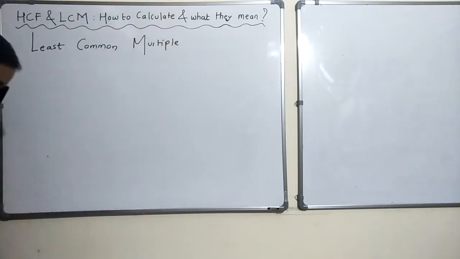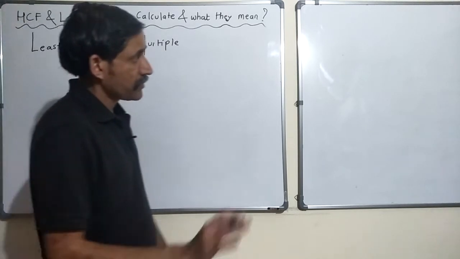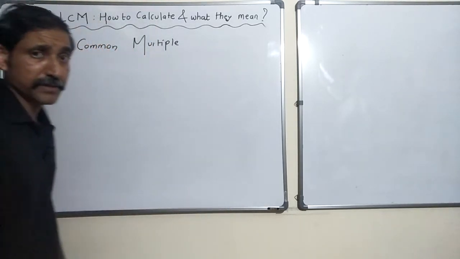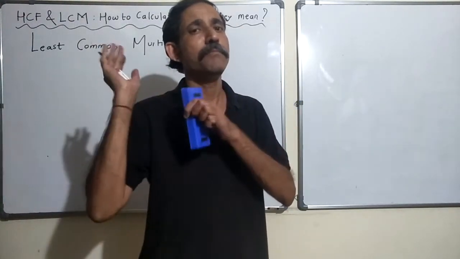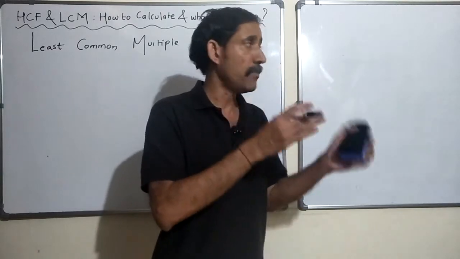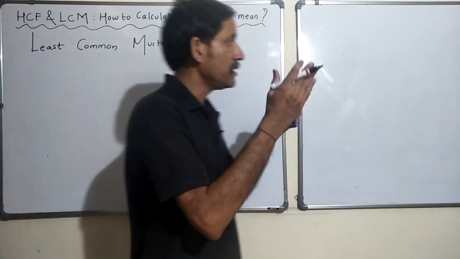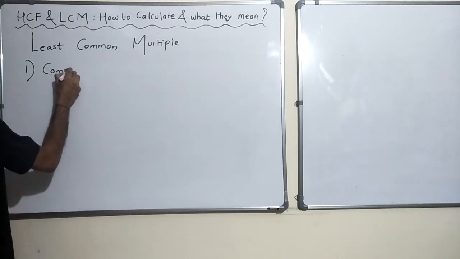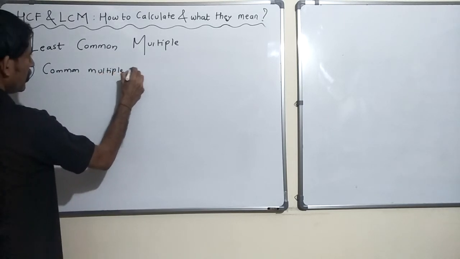I guess you already knew this. Now let's find out the LCM using the first method that you probably would have learned, called the common multiple method. Just like we had the common factor method for HCF, for LCM we have the common multiple method.